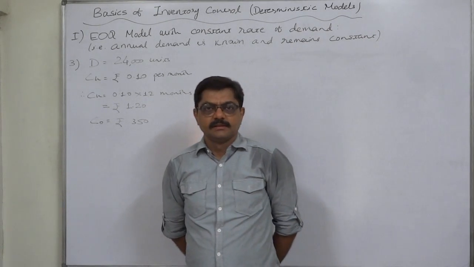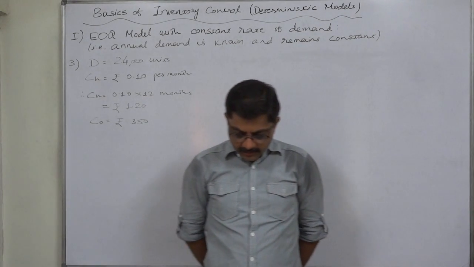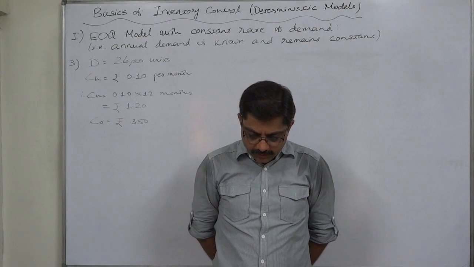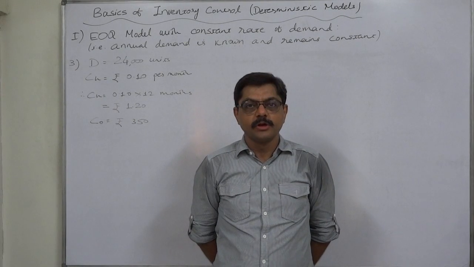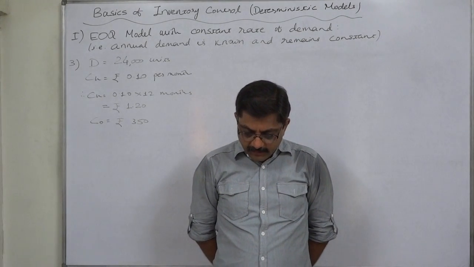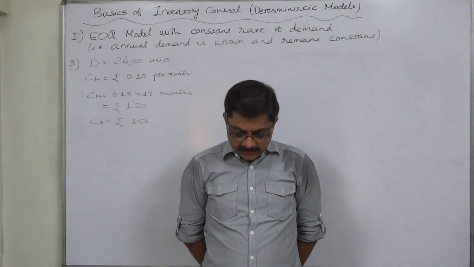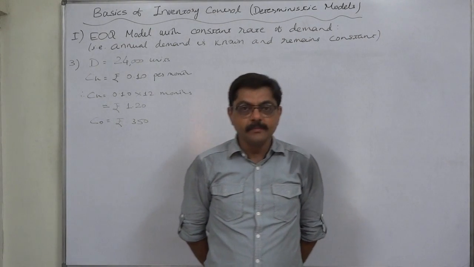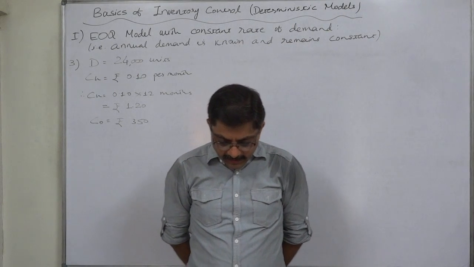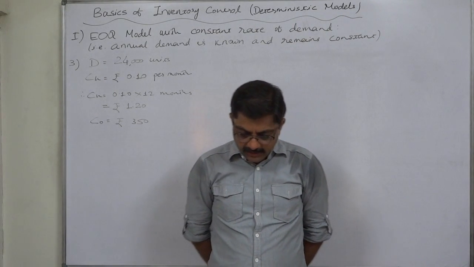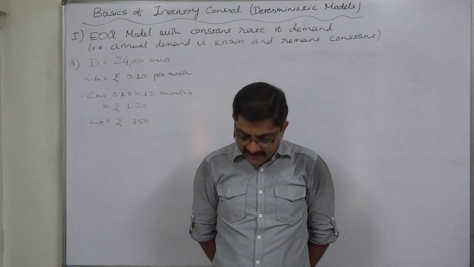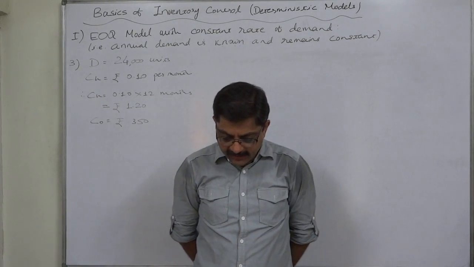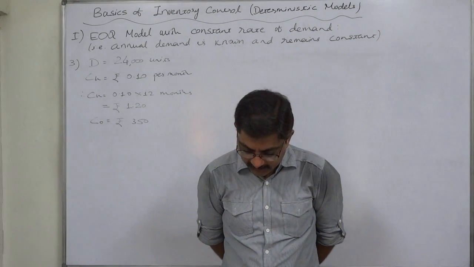Let us first read the question. A manufacturer has to supply his customer with 24,000 units of his product per year. The demand is fixed and known. Since the unit used by the consumer is an assembly line operation and the consumer or customer has no storage space for the units, the manufacturer must ship a day's supply each day.